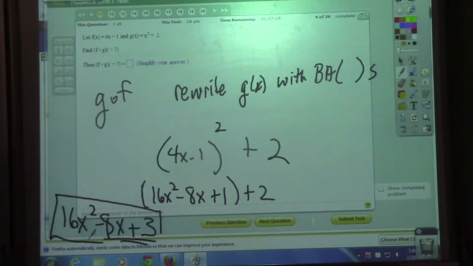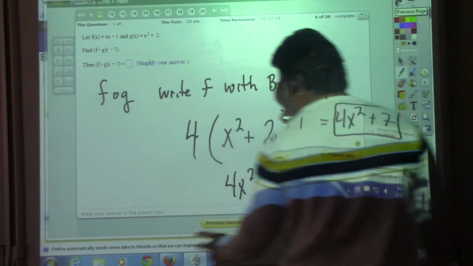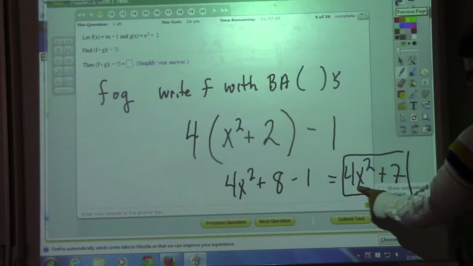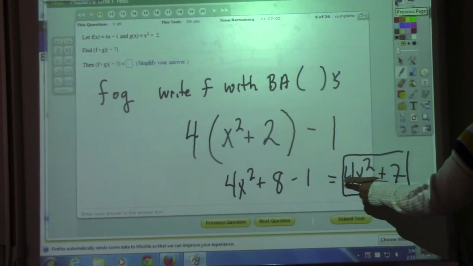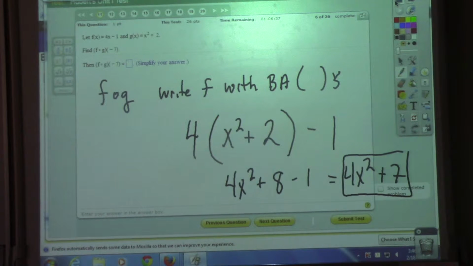And F composed of G of -7, you're going to take that -7 and plug it in right here. 4 times 49, 196 plus 7, 203. Something like that.